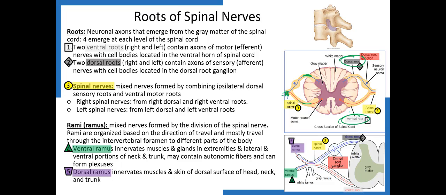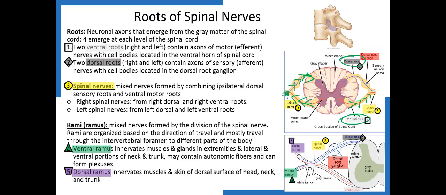The ventral root contains axons of motor neurons. So the ventral root sends information to the periphery, whereas the dorsal root receives information from the periphery.